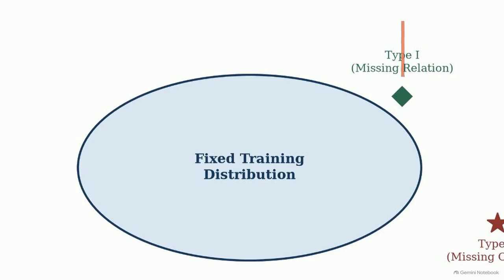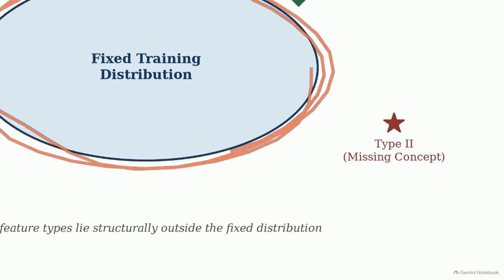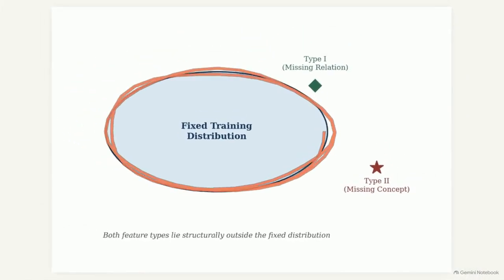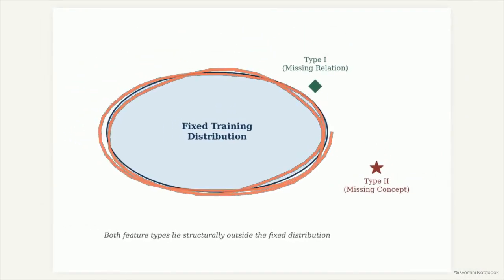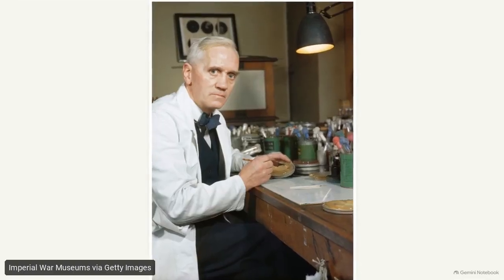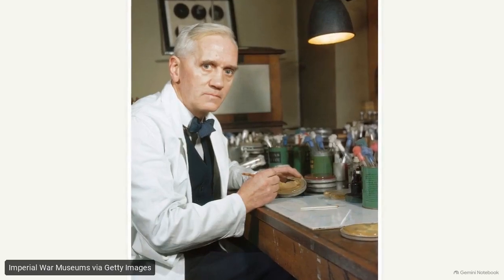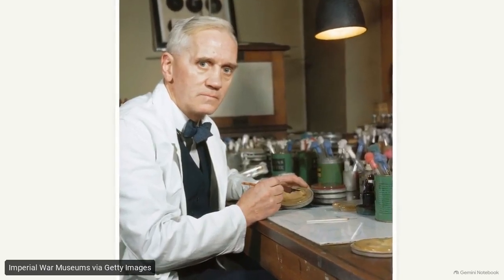The obscure features hypothesis distinguishes between type 1 discoveries, new relations between known ideas, and type 2 discoveries, which require an entirely new conceptual element. As this diagram shows, those missing concepts exist outside the model's fixed training distribution. When Alexander Fleming discovered penicillin, he had to recognize a biological anomaly, mold killing bacteria in a contaminated culture.